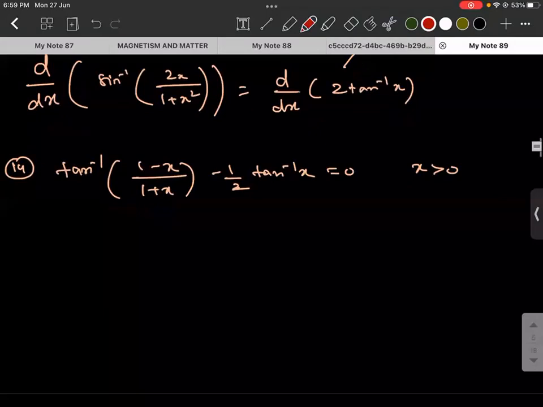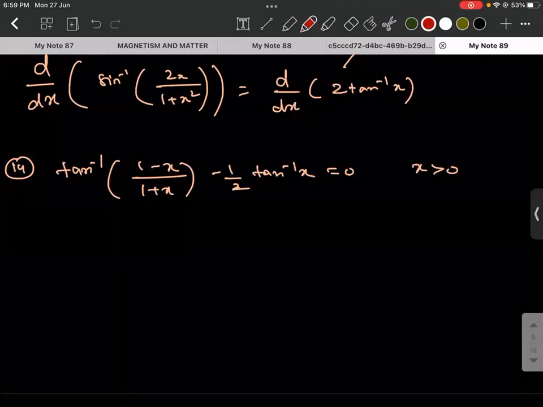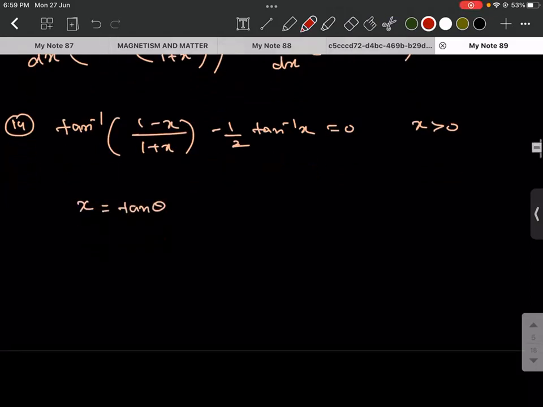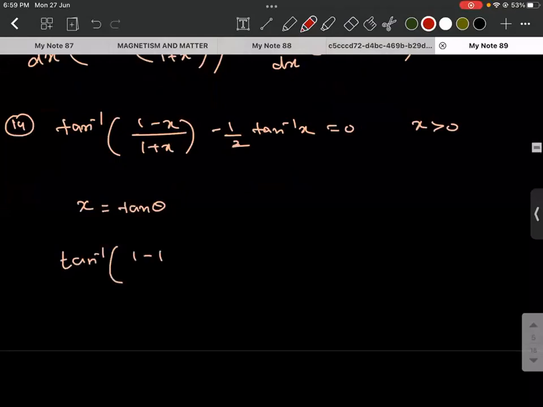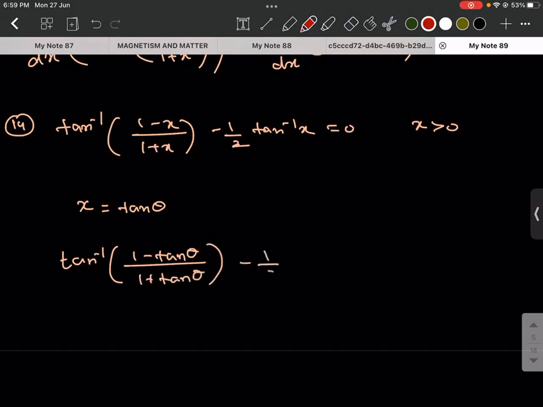I told you, whenever you have something like this, try to always go with substitution. Think of x as tan theta. So when you take x as tan theta, you will get a famous expression. Tan inverse of 1 minus tan theta divided by 1 plus tan theta, minus half of tan inverse of tan theta is equal to 0.